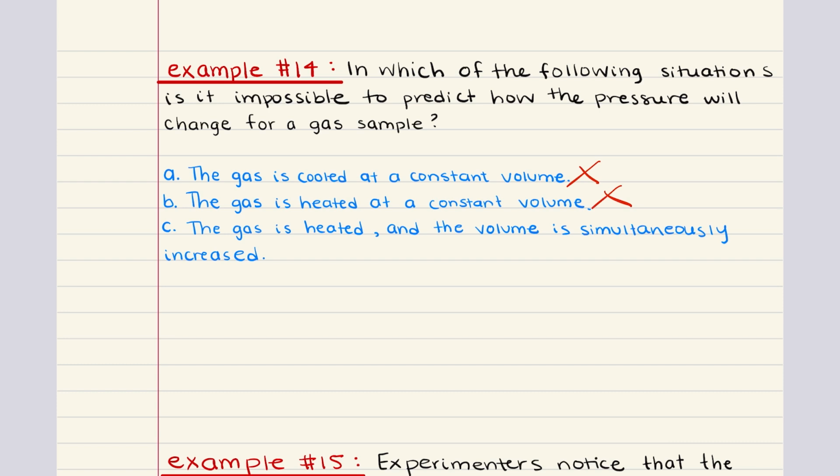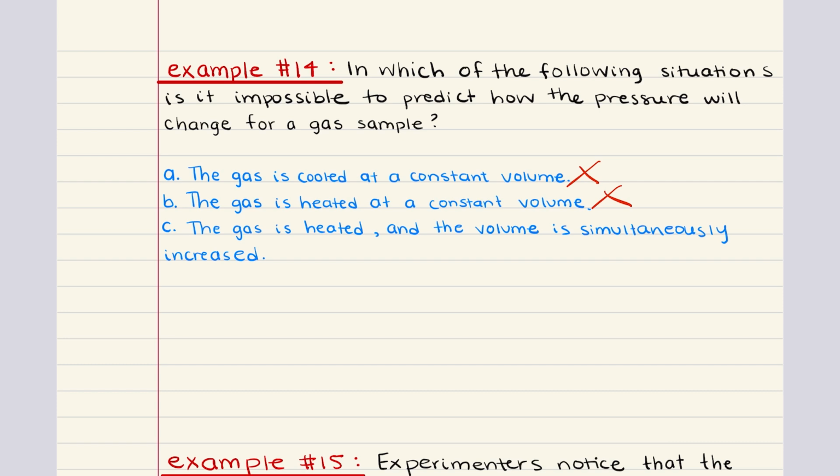Answer choice C says the gas is heated and the volume is simultaneously increased. So in this scenario, both temperature and volume are changing. If the gas is heated, we're increasing temperature and the volume is increased simultaneously, then the effect on pressure really depends on the relative changes.